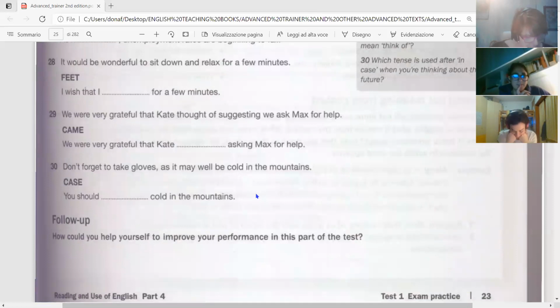Okay. 30. Don't forget to take gloves, as it may well be cold in the mountains. In case.